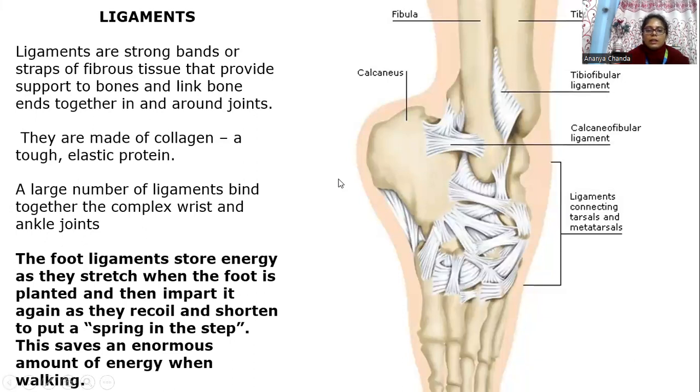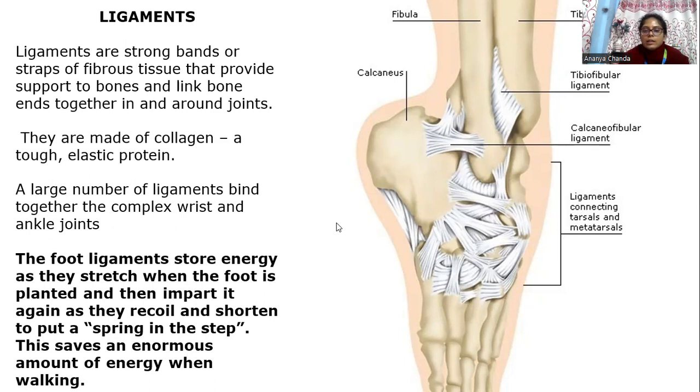Then comes the ligament. So these are the ligaments. We can see there are many types of ligaments, such as the tibiofibular ligament, the calcaneofibular ligament, and the ligaments connecting the tarsals and the metatarsals of the foot.